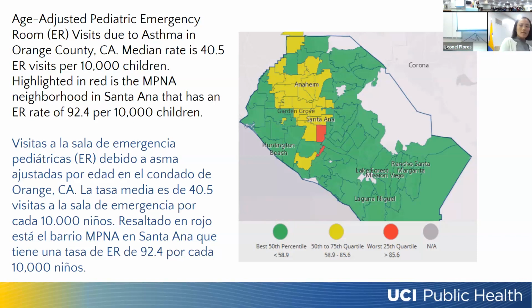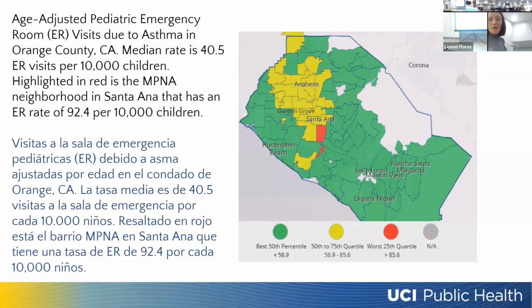So where is this red area? You can recognize here as a resident in Santa Ana, right? This is really close to the light industry corridor, and this is right in the Madison Park neighborhood.